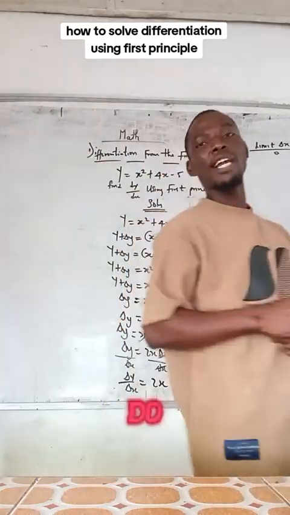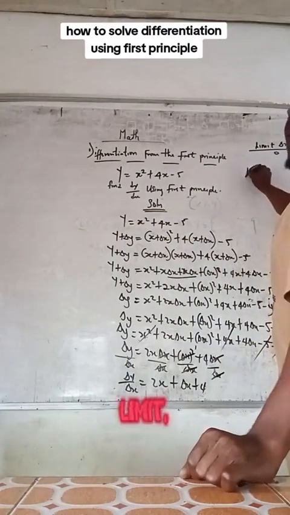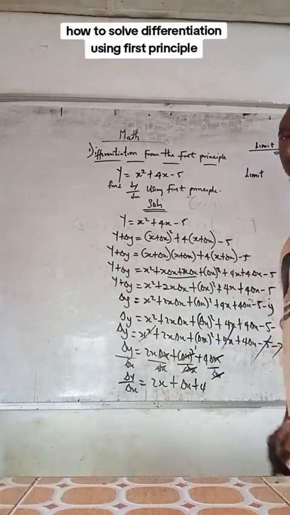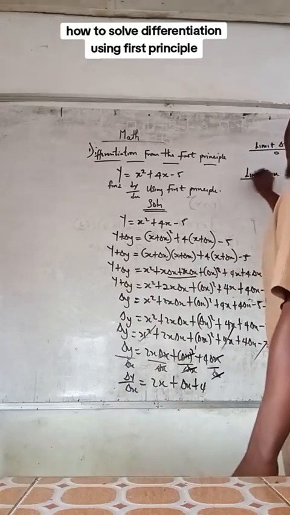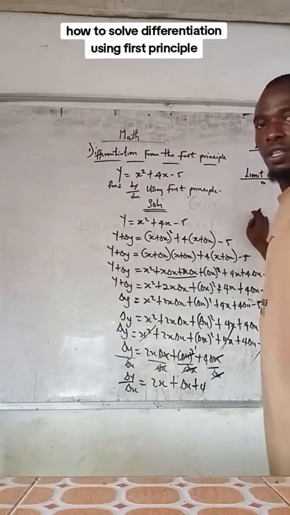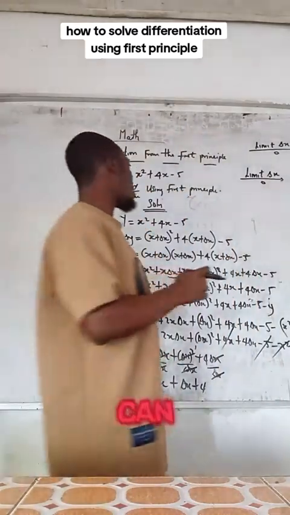What do I do next? Now I'm going to take the limit as dx tends to 0.